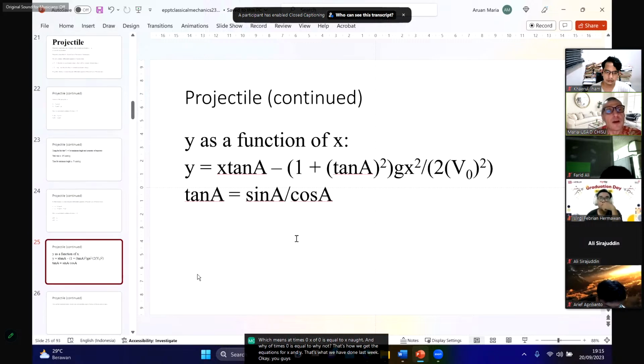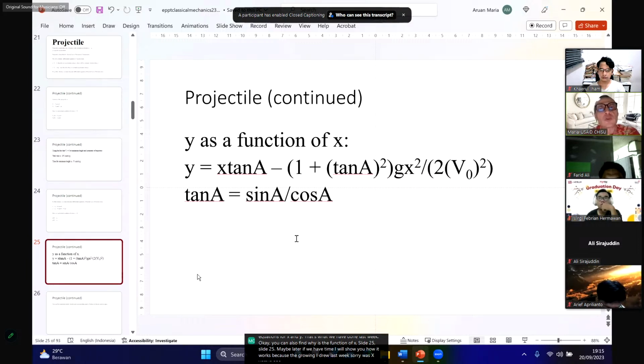You can also find y as a function of x. Slide 25. Maybe later, if we have time, I will show you how it works, because the drawing I drew last week was x versus y. So it was a parabola, and as you can see, it's also a parabolic equation.